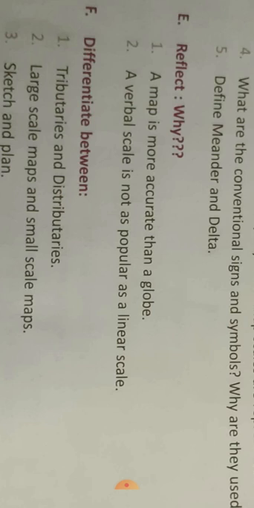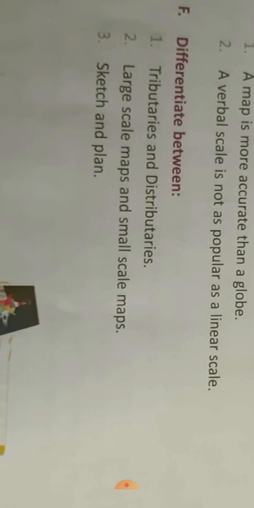Now, let's see Exercise F, difference between. So, first question, tributaries and distributaries. Tributaries give water to the main river, the large river. A stream which drains into a larger river is called a tributary.